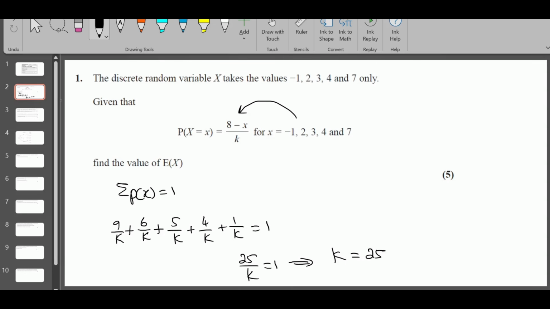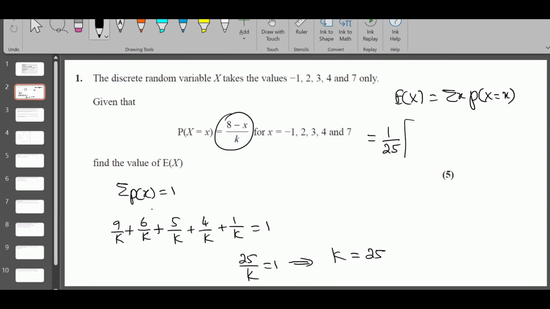Now we can find E of x. The formula is sigma x times P of x. In every probability you will have 1 over k, which is 1 over 25, so I'm going to take it as a common factor.